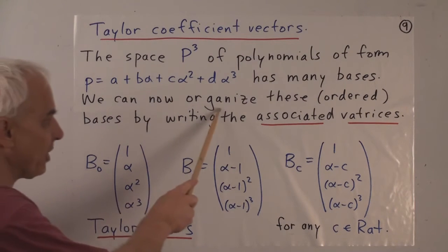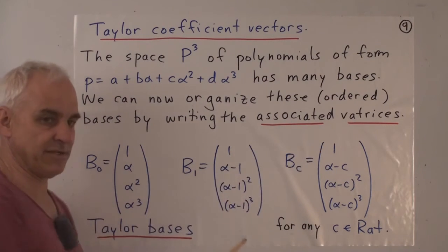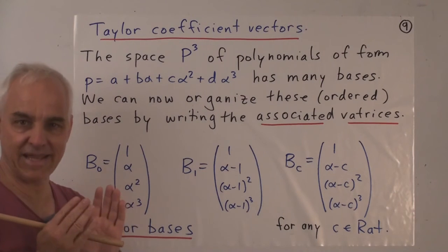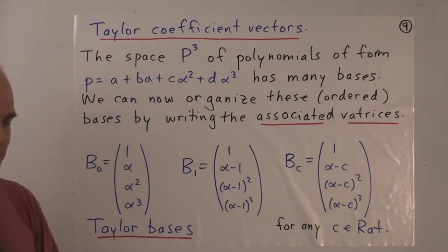So we're going to organize these different ordered bases by writing the associated matrices. We now have this notation that allows us to compactly express a basis by just writing down a matrix.